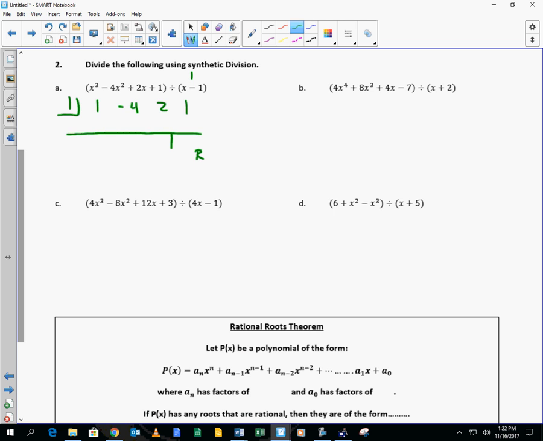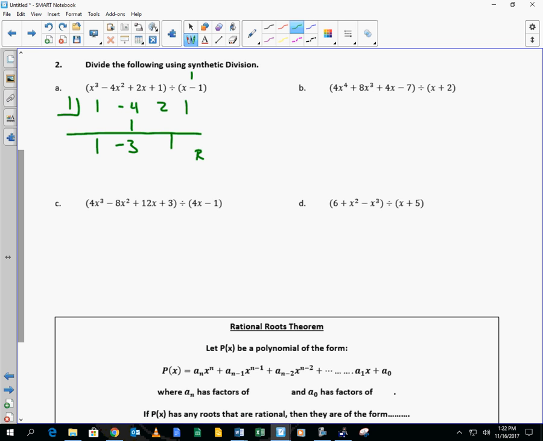And if you don't like it, you're more than welcome to do everything using long division instead. So we take the 1 and we drop it down. Everybody good so far? Then we multiply it. 1 times 1. Then we add.